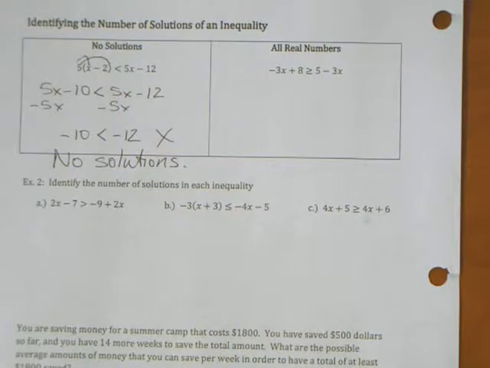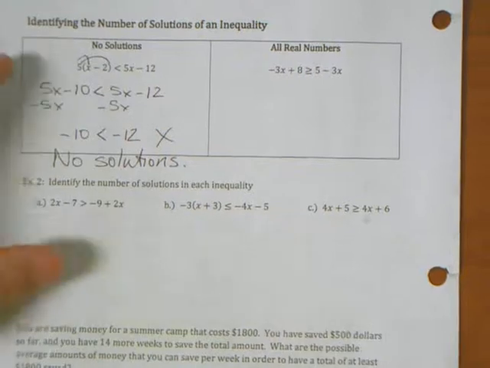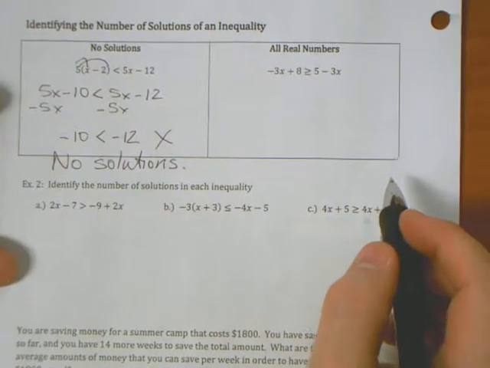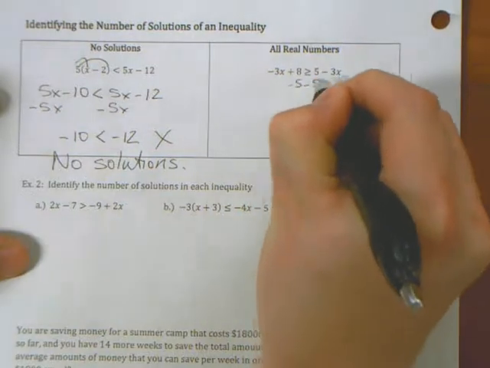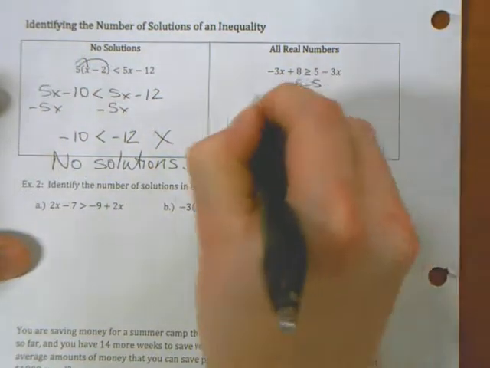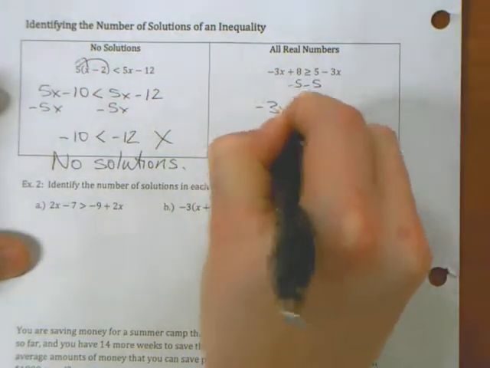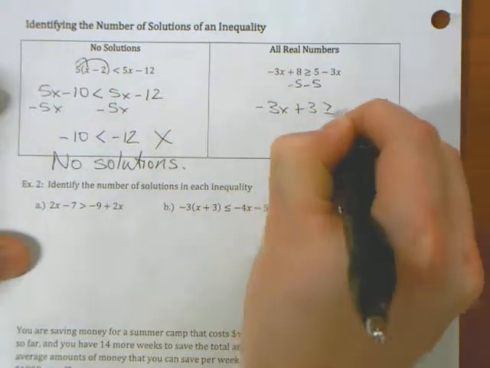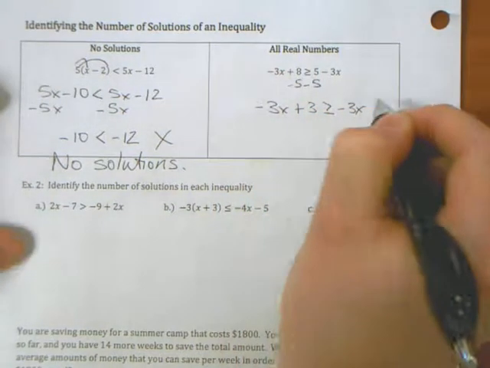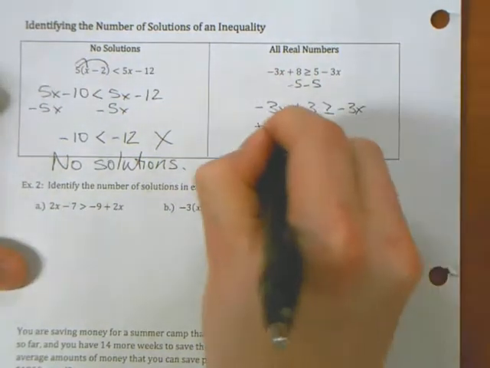So now, do the same thing over here. We'll use the Zach Barnes strategy and subtract 5 on both sides first. So I've got negative 3x plus 3 is greater than or equal to negative 3x. Now we'll add 3x to both sides.